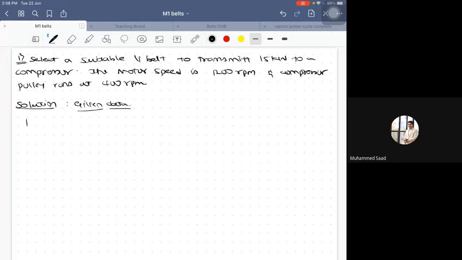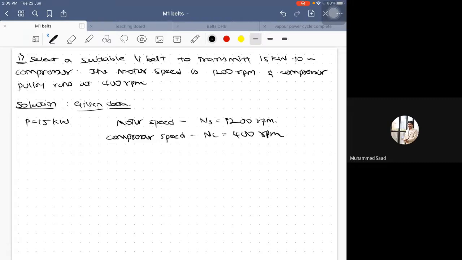So power is 15 kilowatt. That is what the user has given us. Motor speed, which is 1200 RPM, and the compressor speed, which is NL, which is 400 RPM.